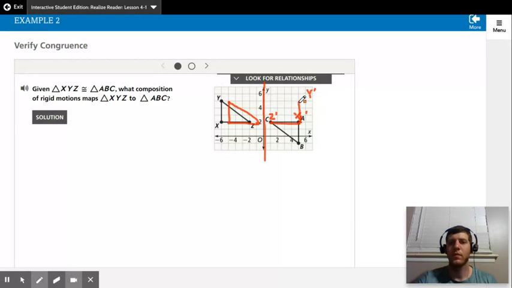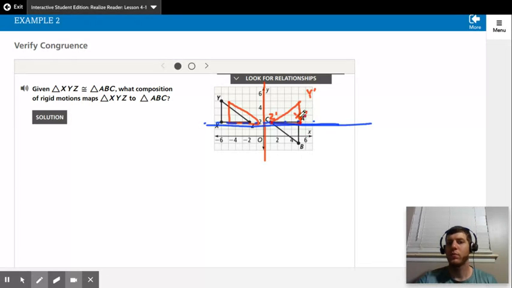Okay. And then you could reflect over the line y equals 2. So if you reflect it over this line, let's draw it across here, y equals 2, you reflect it down. Since X prime and Z prime are on the line of reflection, they're going to stay the same.